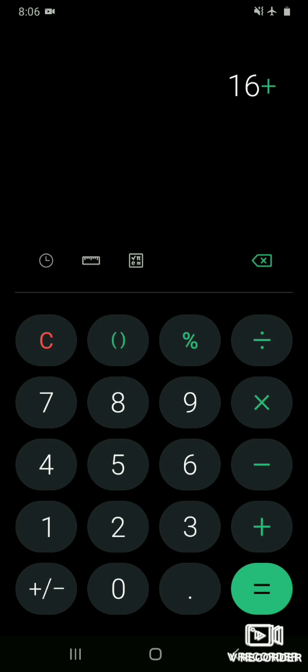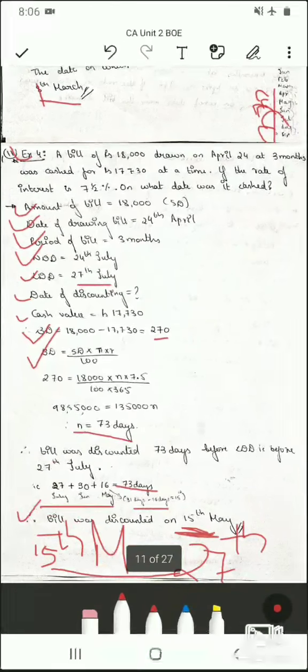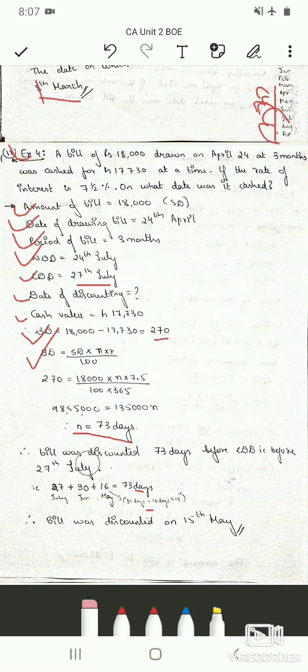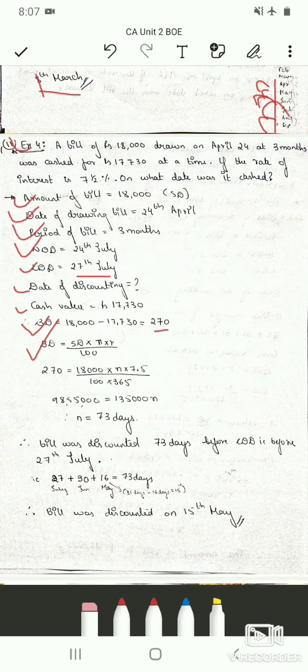So it is 16 plus June has 30 days plus 27 days of July. See, we got 73 days. So our answer is right. You can cross verify like this. So the date on which the bill was discounted is 15th May.